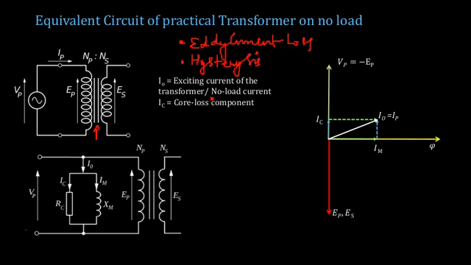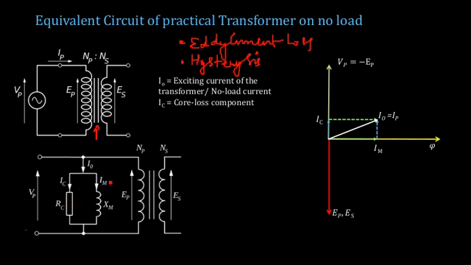There will be some current flowing in order to compensate this loss, or some energy being supplied from the source to meet these losses. Your load is still not connected, you have a no load condition, but some extra energy will be required, supplied from the source, to compensate the losses that happen in the core.